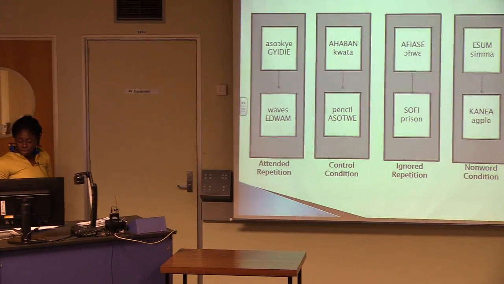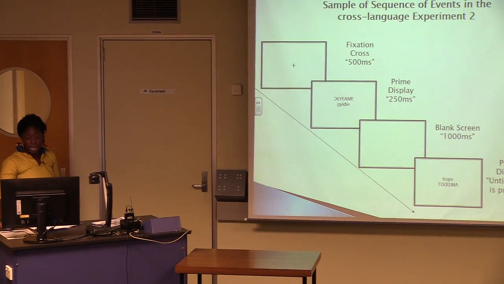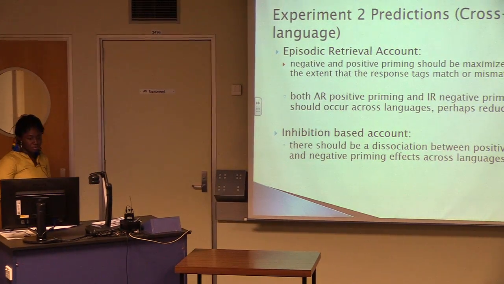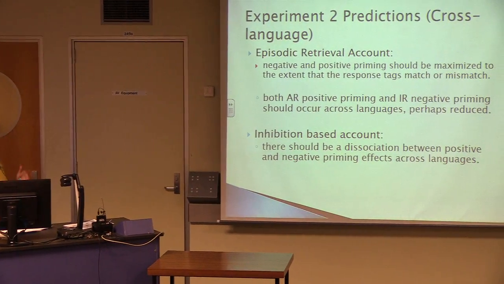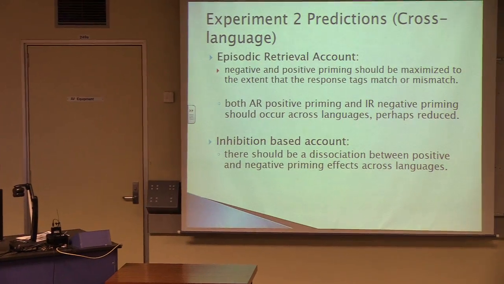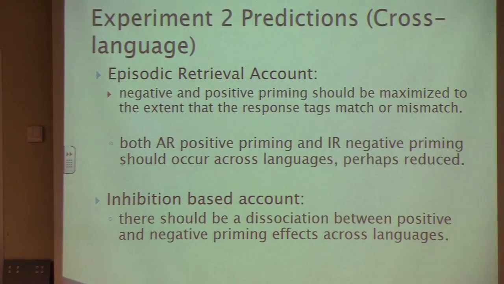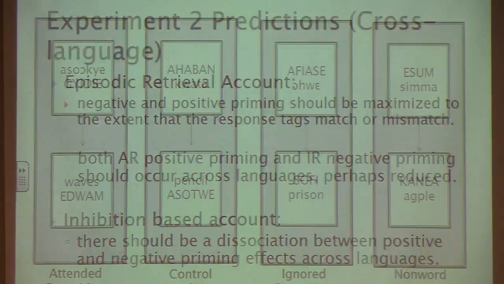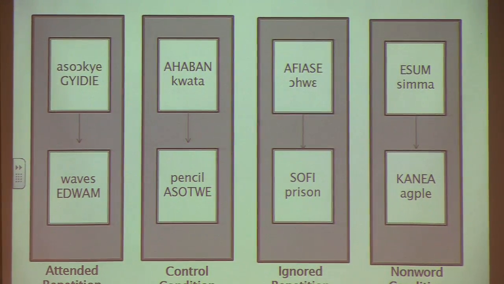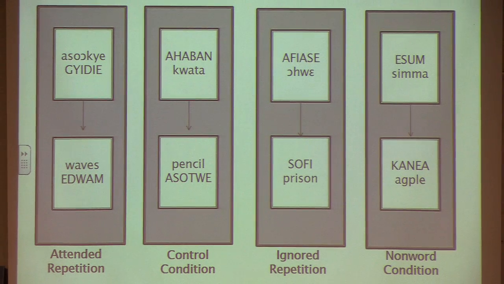Now, let's look at the predictions by the inhibition-based theory. This theory predicts that there should be a dissociation between positive and negative priming effects across languages. I will take this step by step.